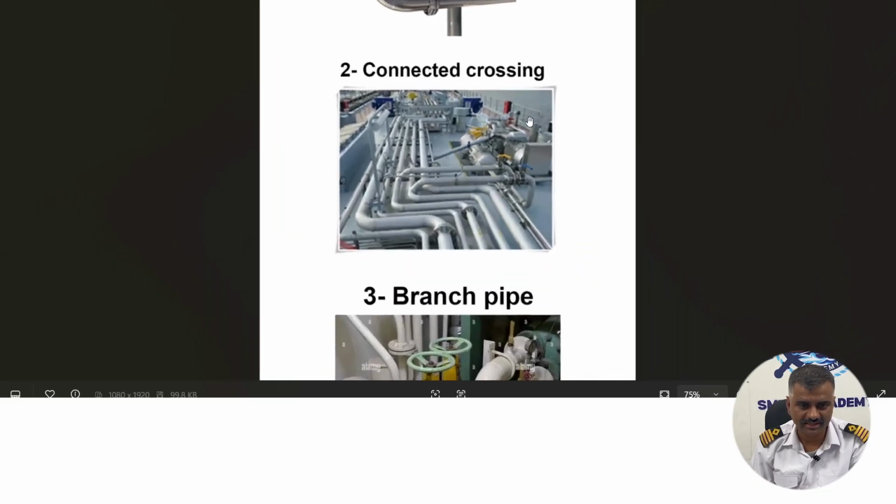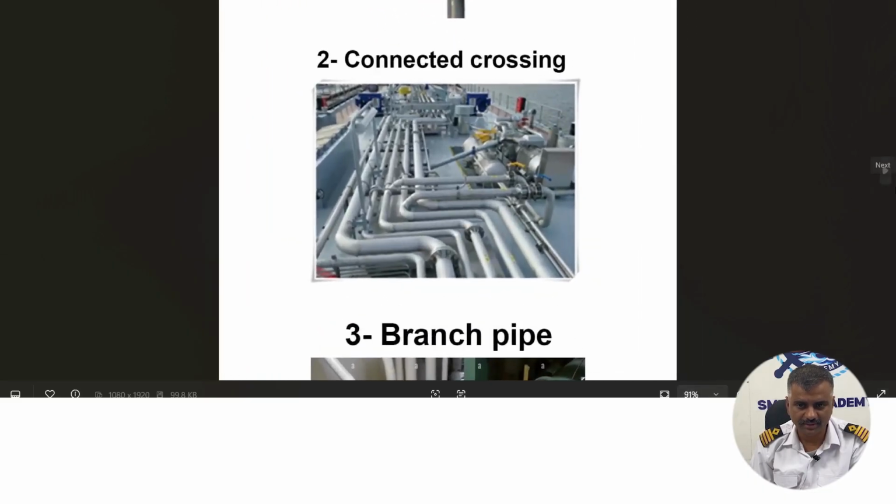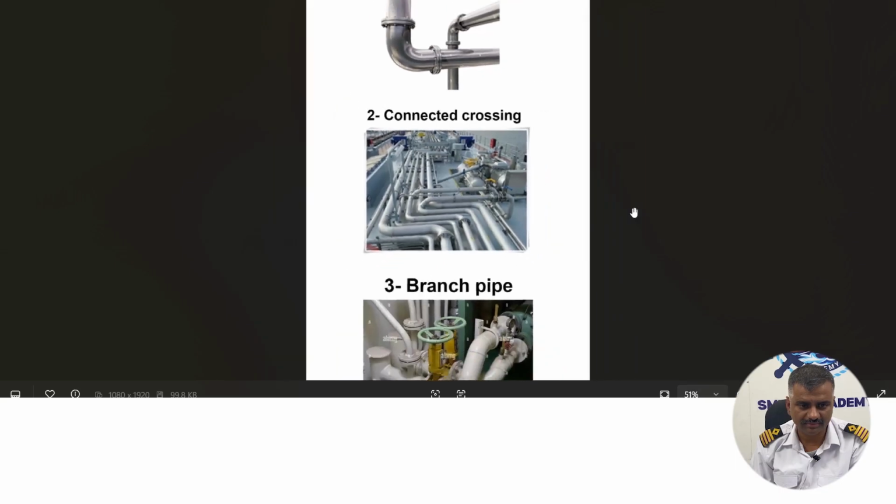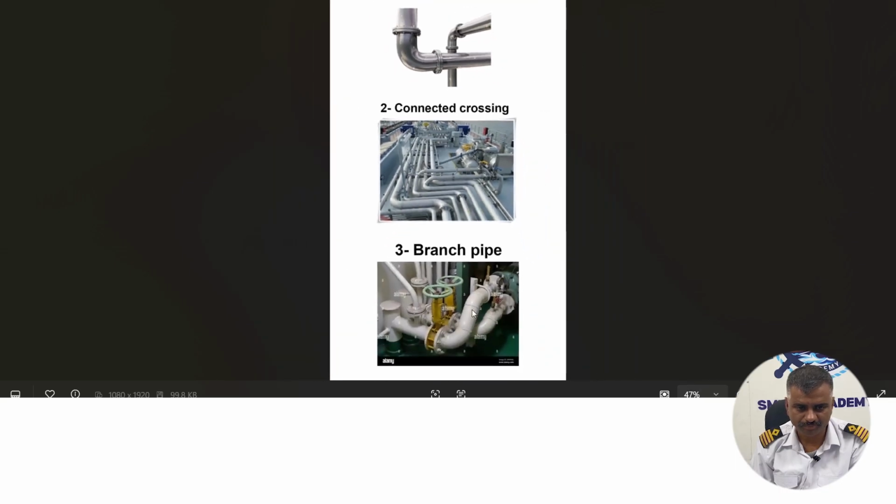The third one is the branch pipe. As we can see here, this is the branch pipe, the lower one. You can see it branching here. Say this may be a lube oil line. Lube oil is flowing there and you are using one small branch for a specific purpose. Or maybe the oil is coming from some other place and joining this main line.